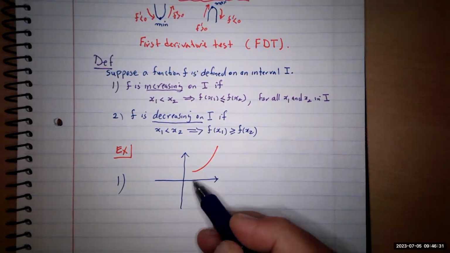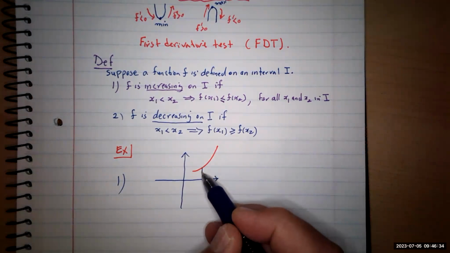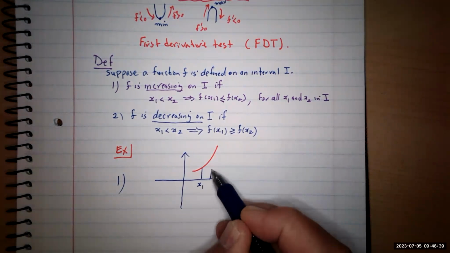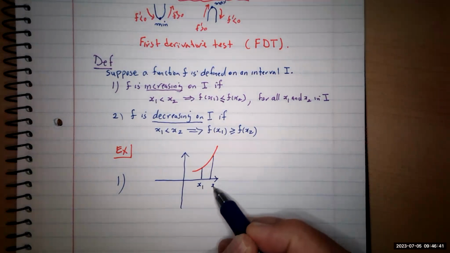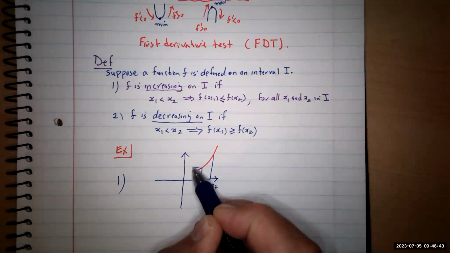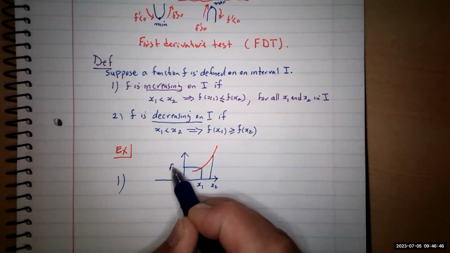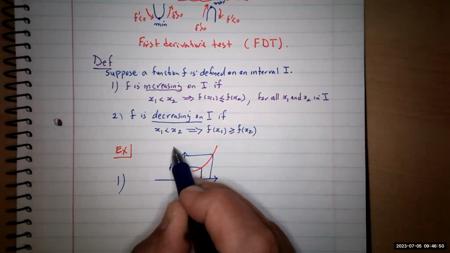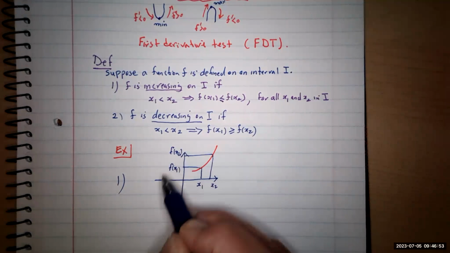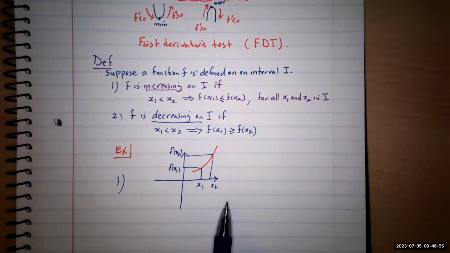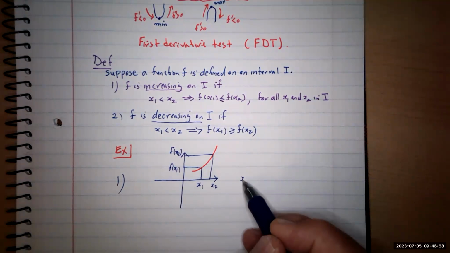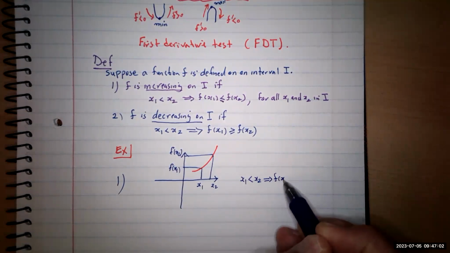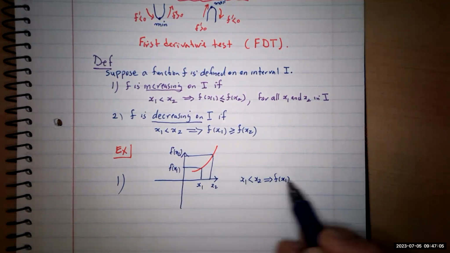You can pick any two points you like. If this is going to be your x1, and this is going to be your x2, as you can see, this is your f of x1, and this is your f of x2. So from left to right, x1 is less than x2, and the value of the function goes the same way.